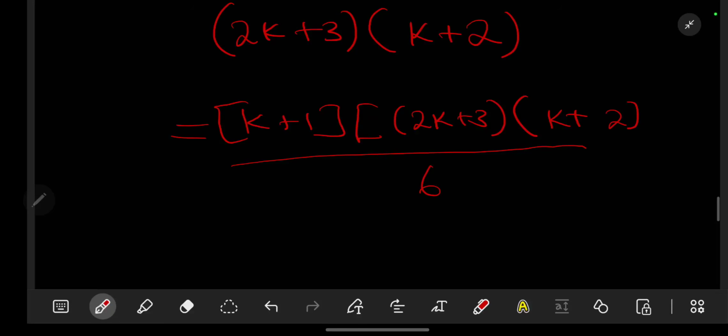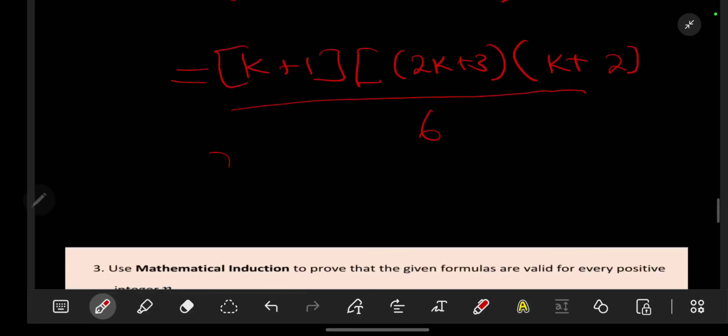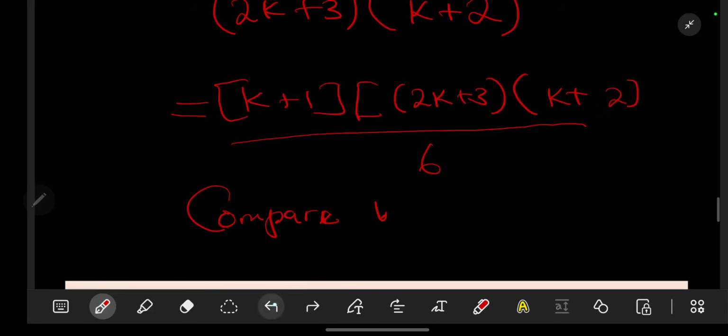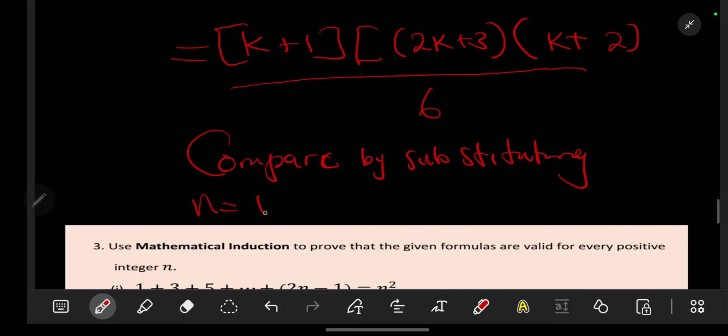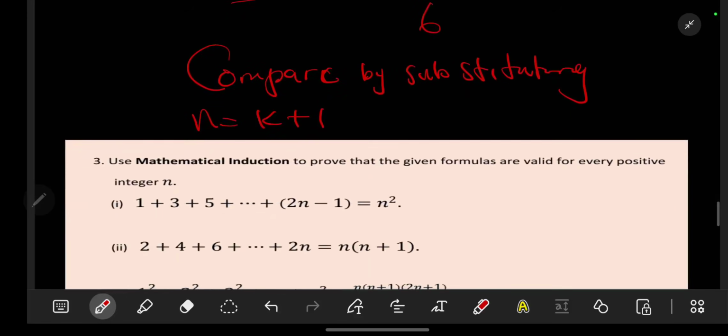So if that is the case, we are going to compare by substituting n is equal to k plus 1 in the original equation.